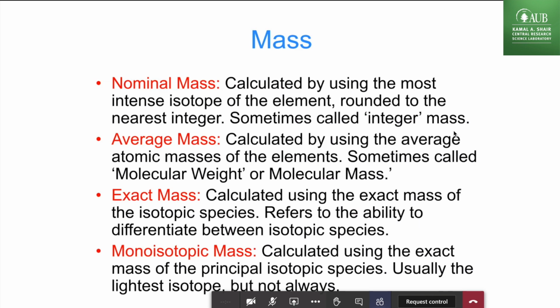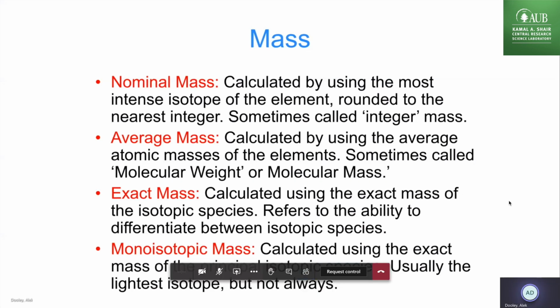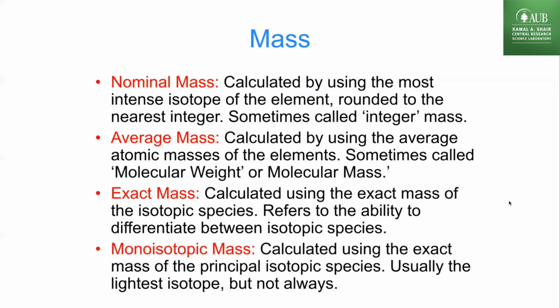So when we talk about exact mass, or some people will say accurate mass, we are using the exact mass of each element, including the decimal. And the monoisotopic mass is basically the same thing as the exact mass, but it is referring to the pure isotope peak. It is usually the lightest isotope, but not always.